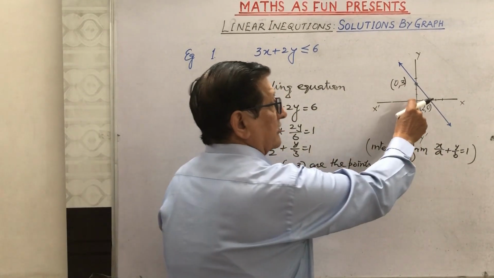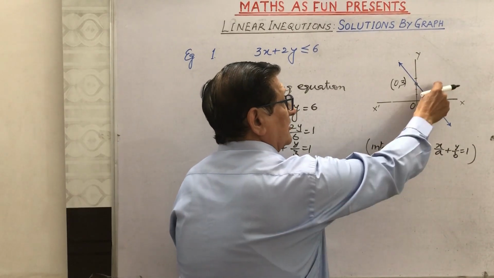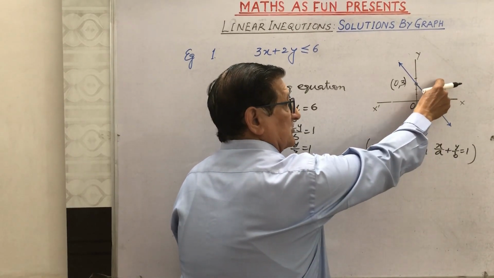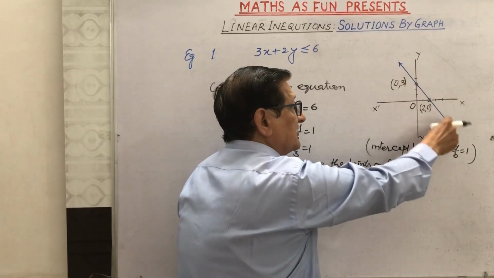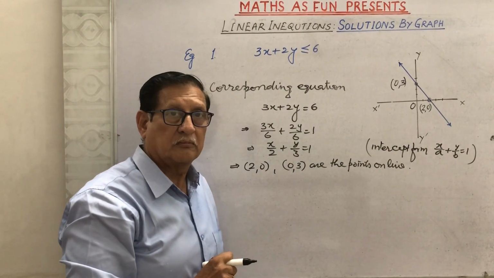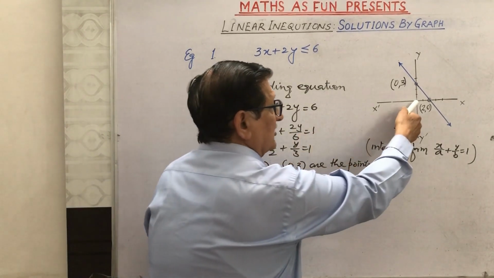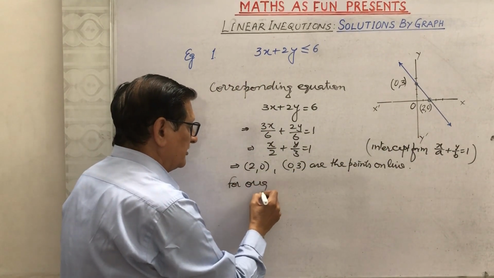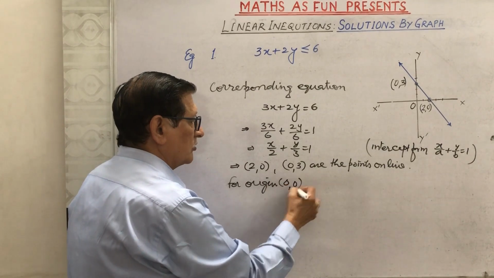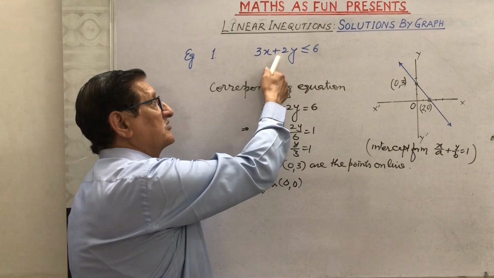Now we will take a point on any side of this line. This is one space, this is another space into which the xy plane has been divided by this line. Generally we take the origin. For the origin (0, 0), we try to find out whether this inequality is being satisfied or not.